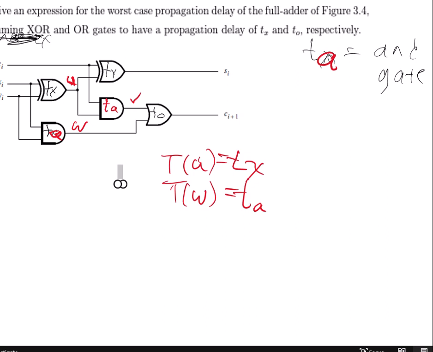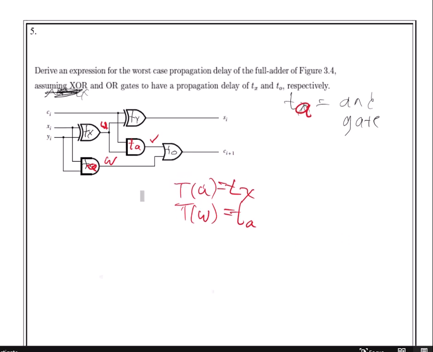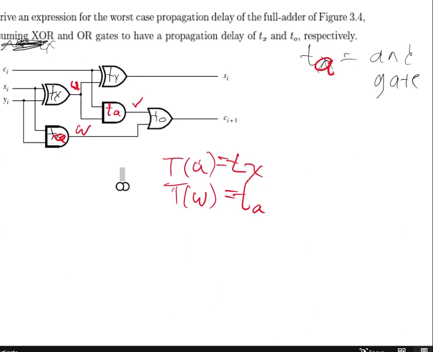Okay, so now let's look at V. These two signals are this first signal that is coming from CI up above. So that's what's coming into that AND gate. And the second signal is the signal that's coming out of this first exclusive OR. So CI, we're going to say that takes 0 time.